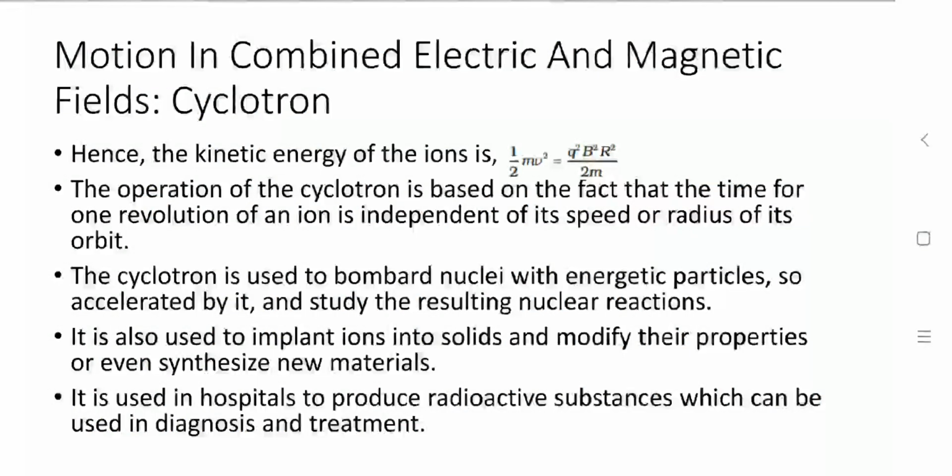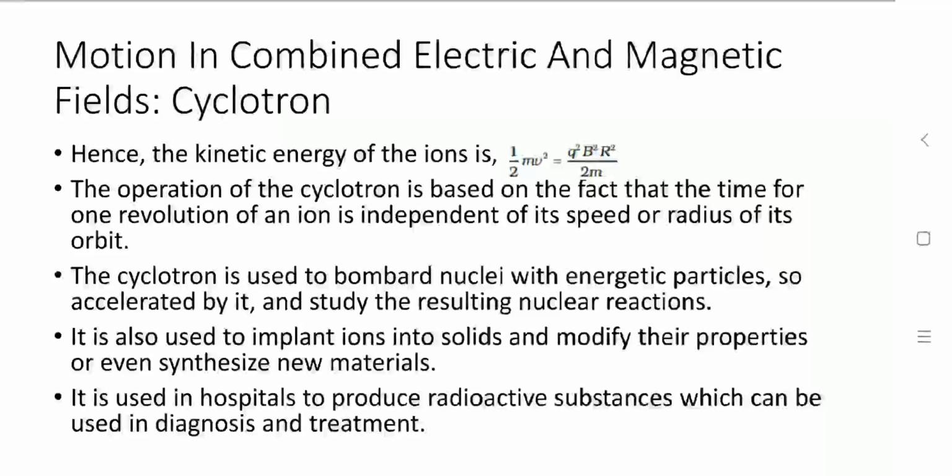The operation of the cyclotron is based on the fact that the time for one revolution of an ion is independent of its speed or the radius of its orbit. So the cyclotron can be used in many applications. It can be used to bombard nuclei with energetic particles, which are accelerated so we can study the resulting nuclear reactions.